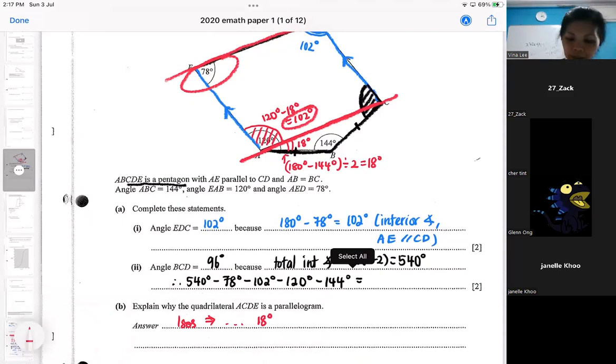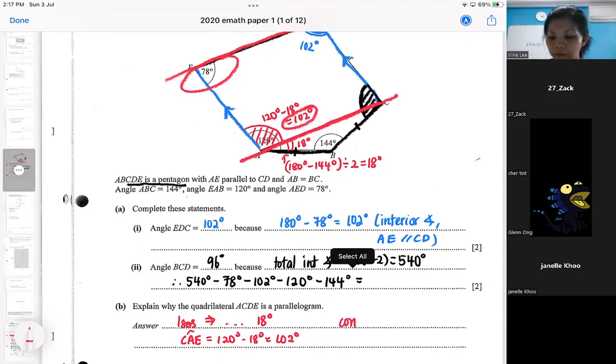The 108 is CAE. You also have to explain how you get the 102, and then the 102 adds up with the 78.